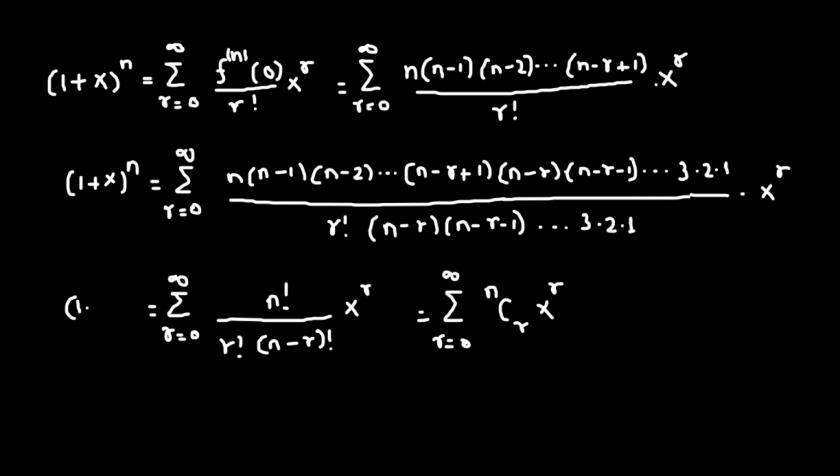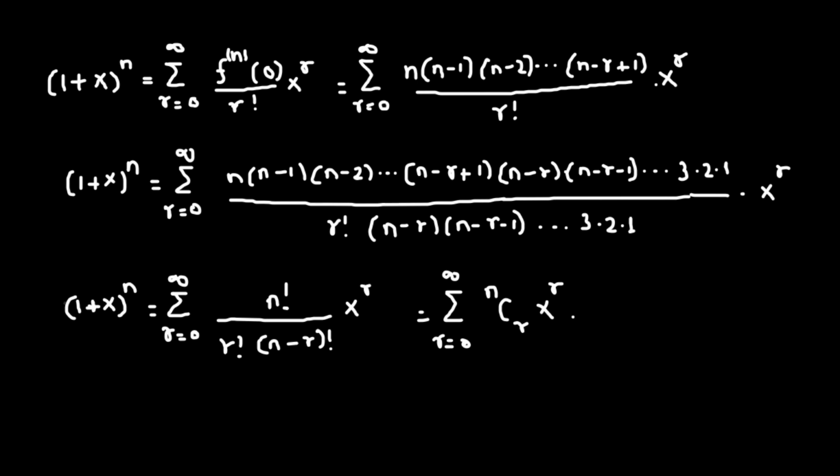So with the help of our Maclaurin series, we were able to find the expansion of (1 plus x) raised to the power of n, which is simply the summation, r goes from 0 to infinity, of nCr x raised to the power of r. Now we have to look at the convergence of this particular series. So let's look at it by doing a ratio test.